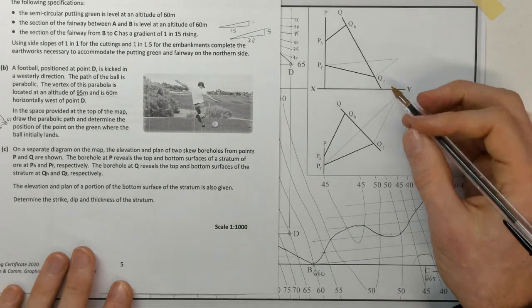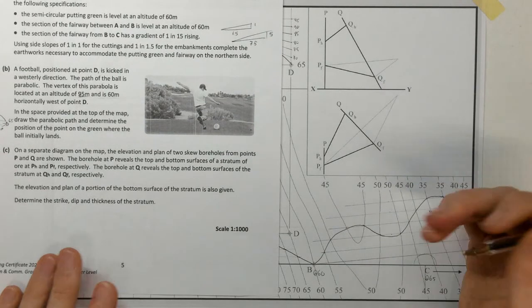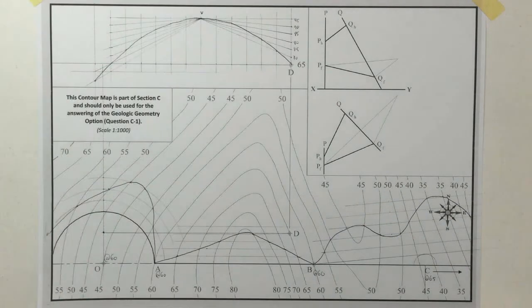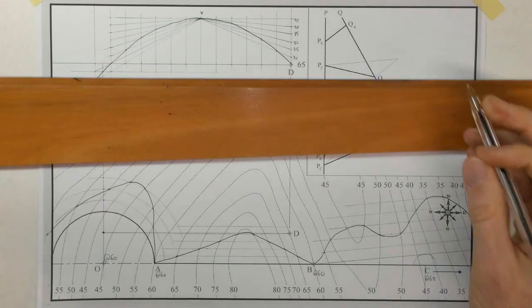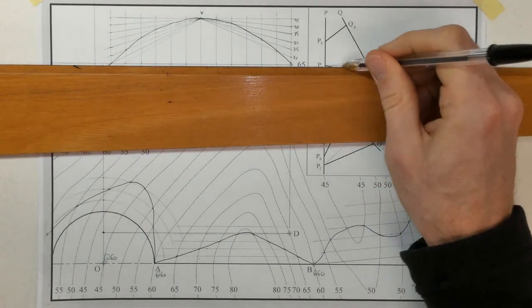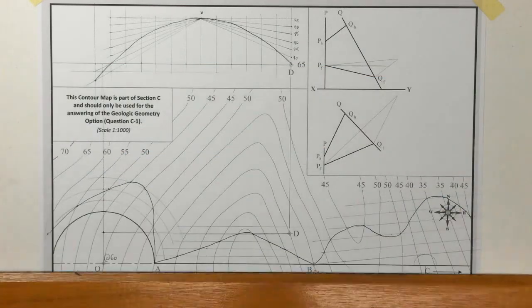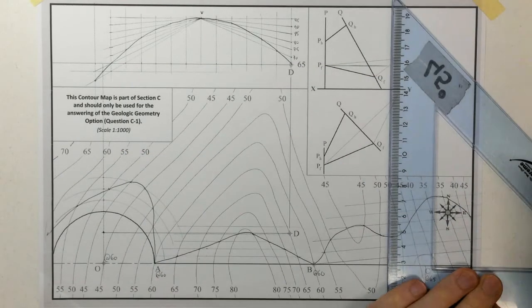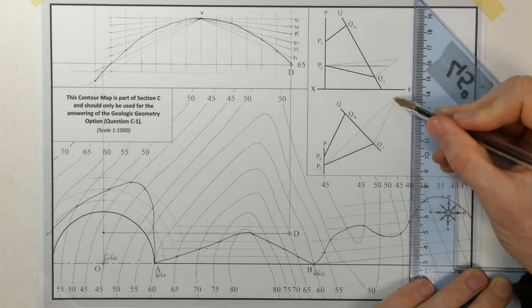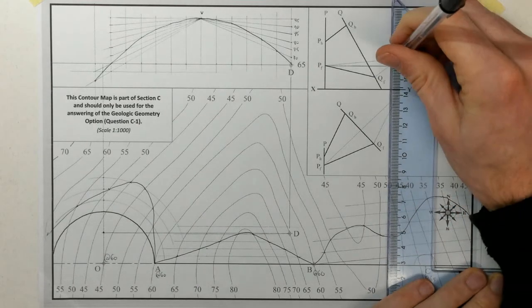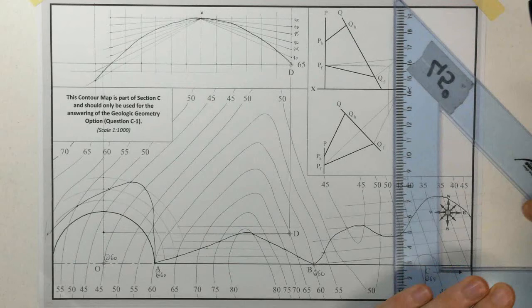So, what we'll do is we'll find the strike first of all. Very easy. It's a level line on this plane that they've given us. So from PF, project it down onto this line from Q. So QF there.